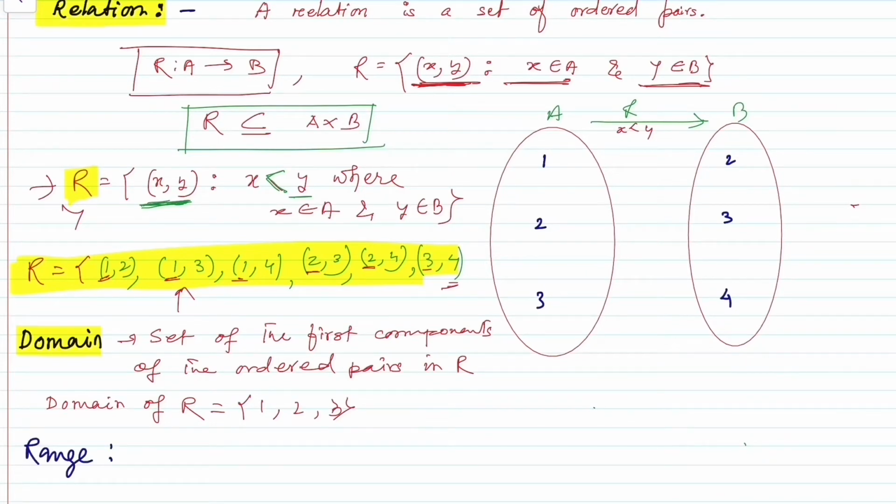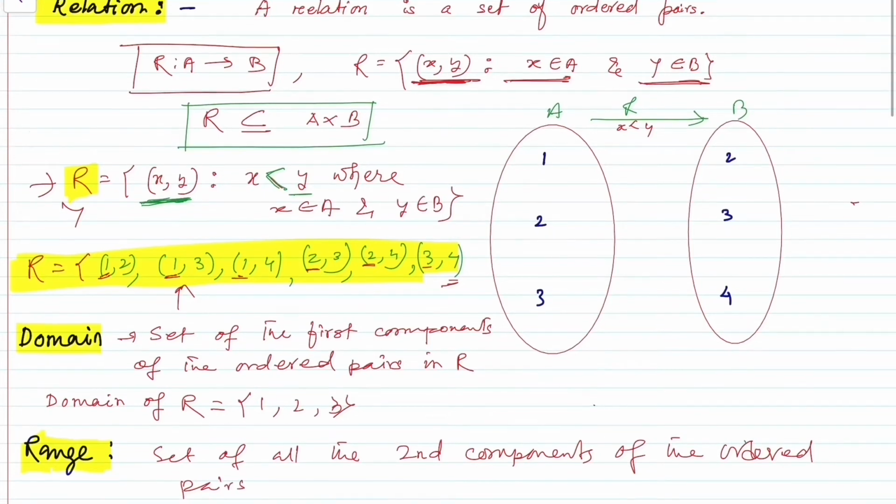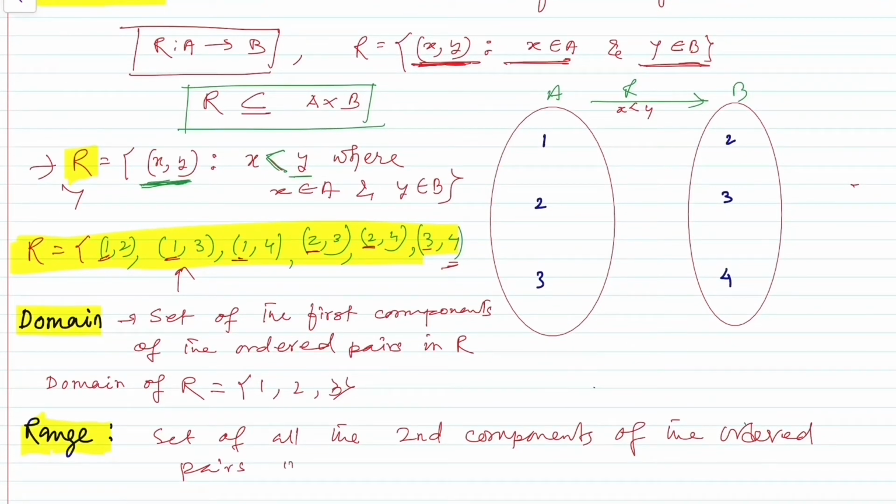Range is nothing but the set of all the second components of the ordered pairs in the relation R. So what are the second components here?